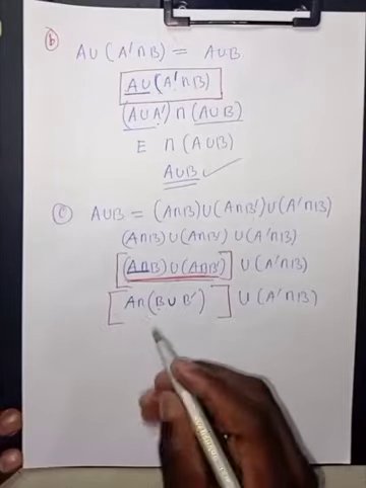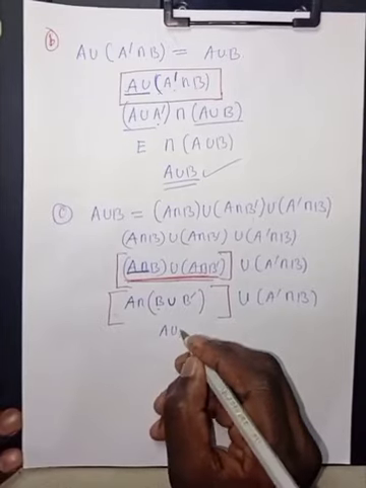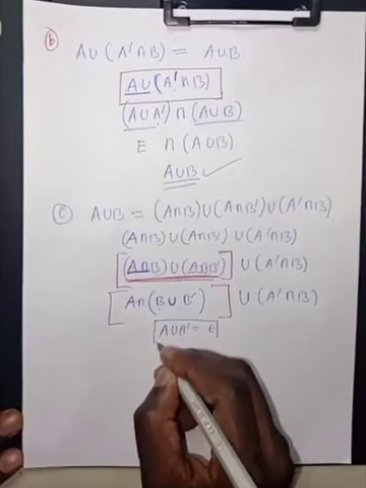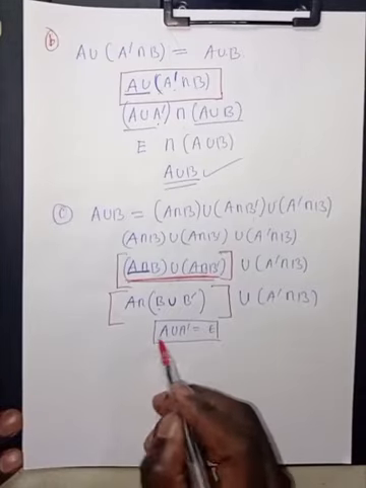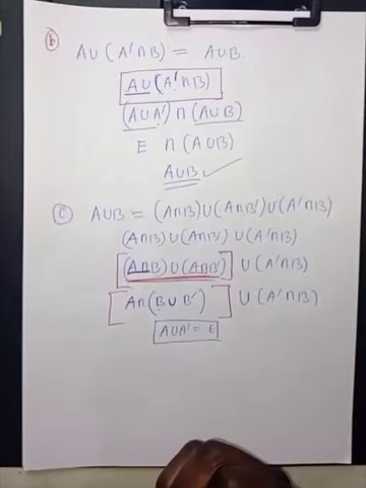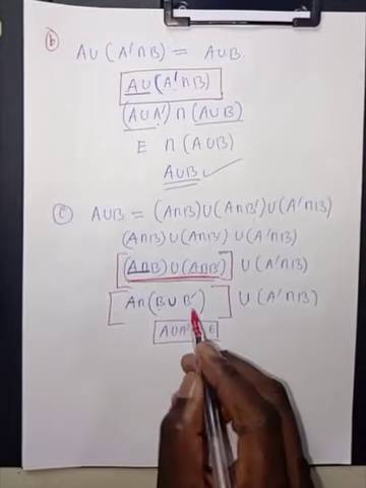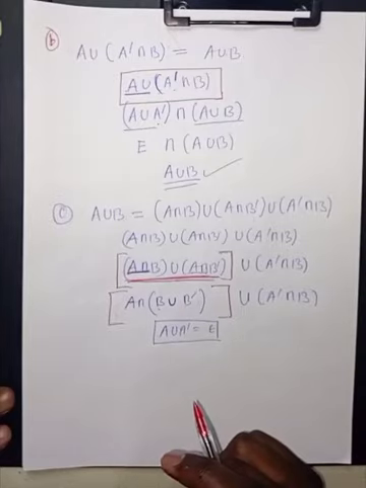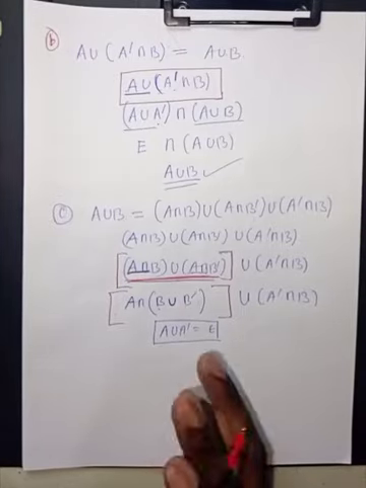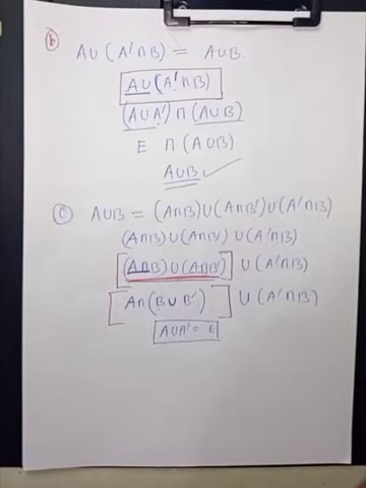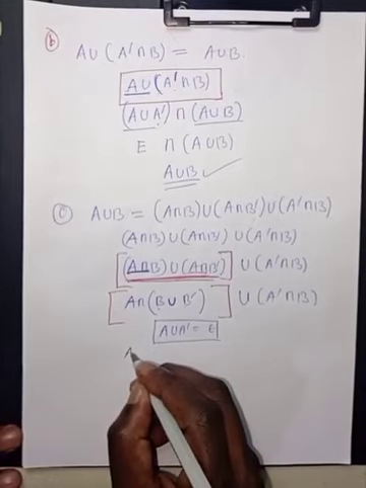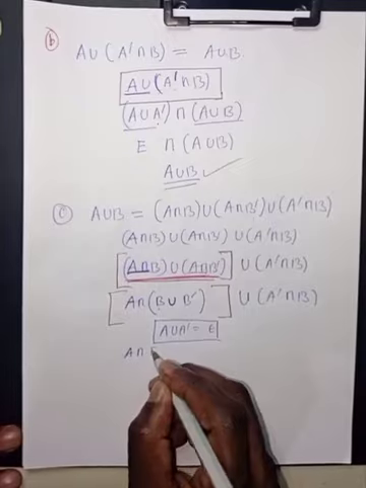If you remember very well, we had that property where I said A union A complement was E. So A can be B. So we can have B union B complement. The answer should be the universal set. Meaning the union between a set and its complement is the universal set. So in this case we are going to get A intersection universal.